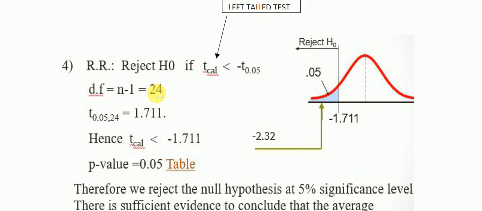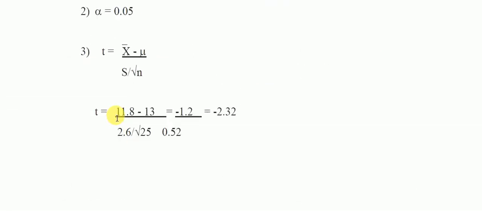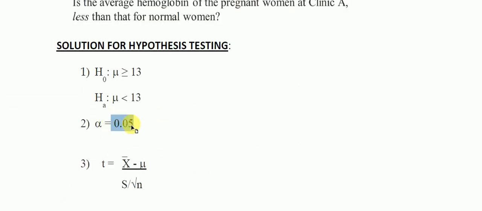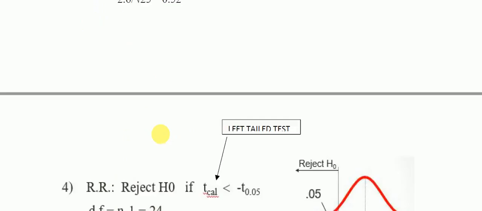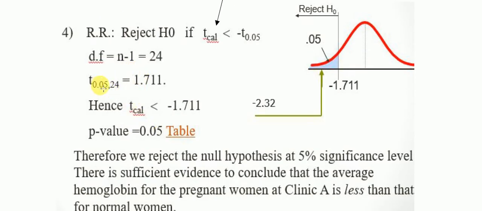Then alpha. The value of alpha will be given in the question as the level of significance, and in this case the level of significance is 0.05, as we have already used this value of alpha over here. So we have 0.05 as the level of significance, and 24 as the degrees of freedom. Now we have to find out the value of T tabulated.